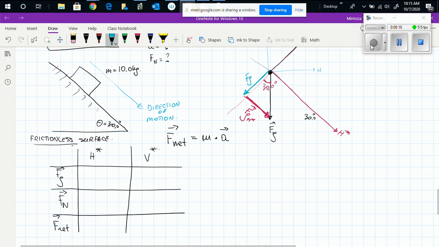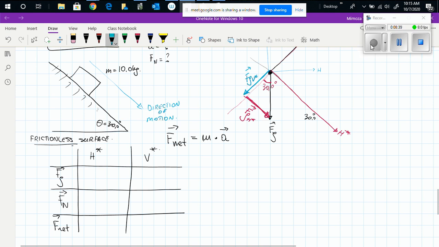This will be the vertical component of force of gravity for the new set of axes that we created by rotating them so that the horizontal axis goes in the direction of the motion, which is the surface of the incline.